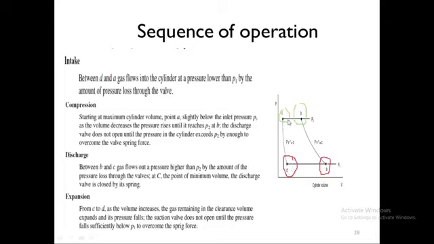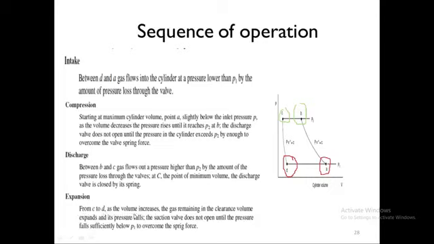So as the piston is moving backward, the intake valve is still closed, but the gas or the vapor which was inside the clearance volume will expand. So from C to D, the fresh gas is not coming yet, but whatever was trapped in the clearance volume, that is the one which is expanding.